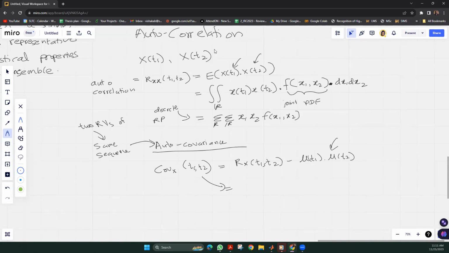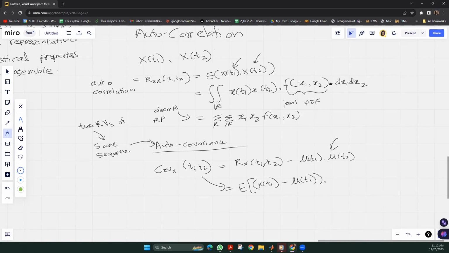If we consider the covariance value, it's going to be the expectation of a certain random variable at xt1 minus the mu value at that t1, or the mean average of this random variable at t1.